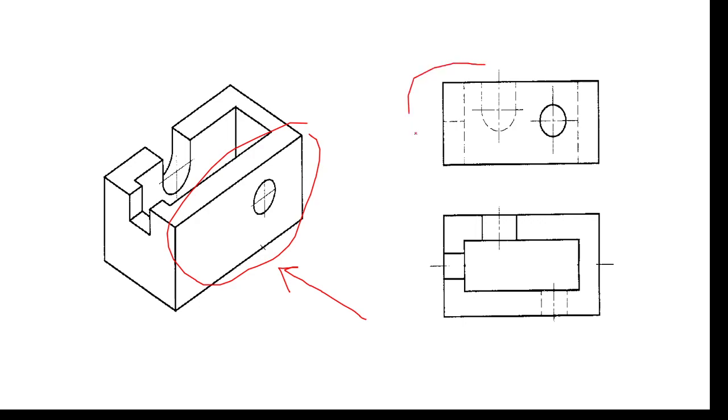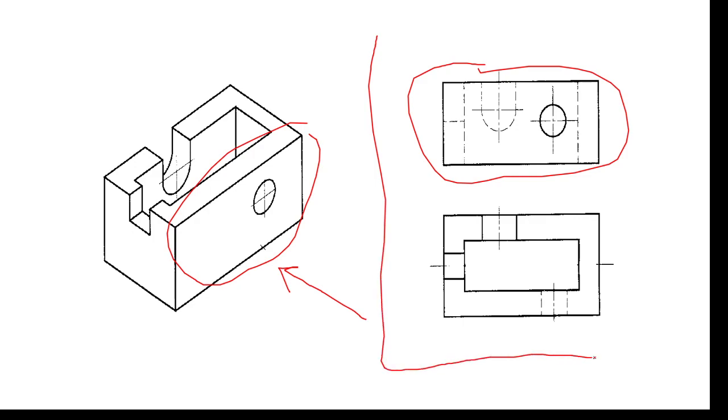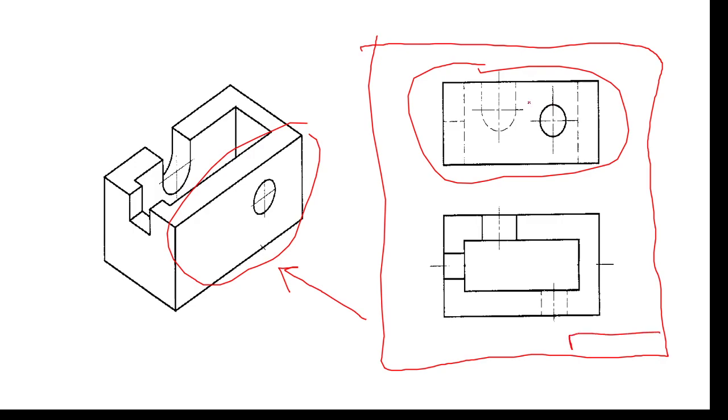See on the front view, this is the front view for this object in the first quadrant projection, and assume that this is our drawing paper. Okay, the title block is over there. This is the front view, this is the top view.